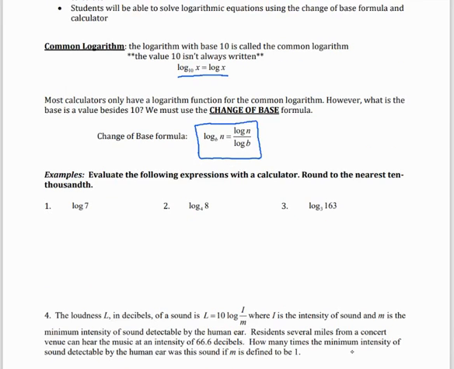If I ask you to find the log of 7, in your calculator, you literally can just type that because we know that that base is 10, and that's the one that's installed into your calculator. We literally just hit the log function, which there's a log button right on your calculator, so we would just do log of 7.